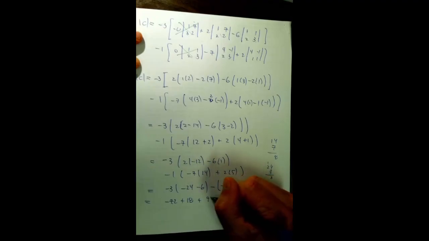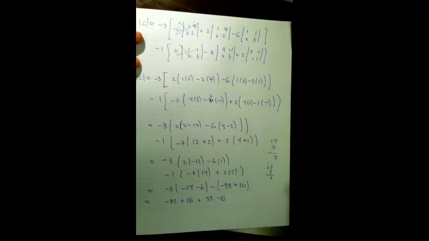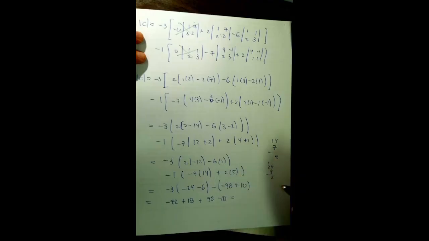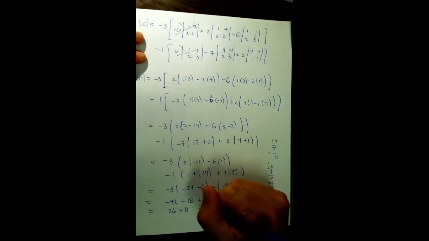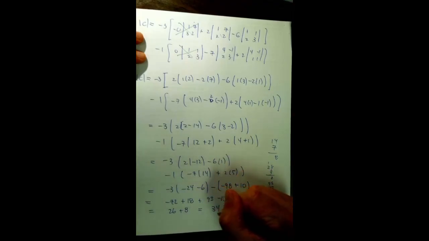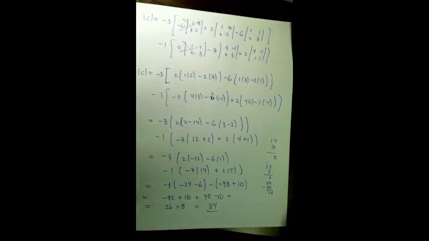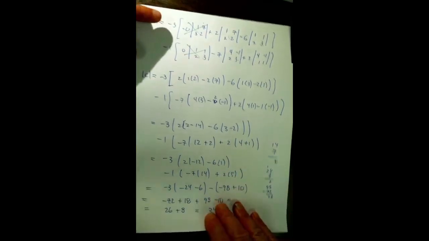This becomes plus 98 minus 10. So what's 98 minus 72? That's 26. Then 18 minus 10 is plus 8. So the determinant is going to be 34. All right, so C is invertible. Just a quick note, and I probably made a mistake in there somewhere, so you should double check that.